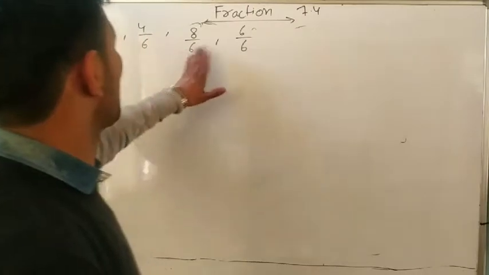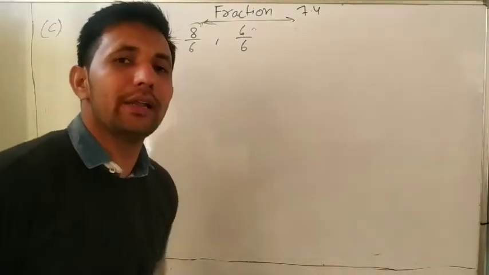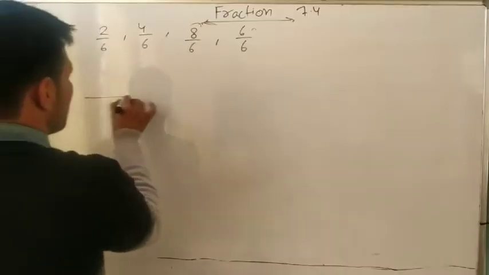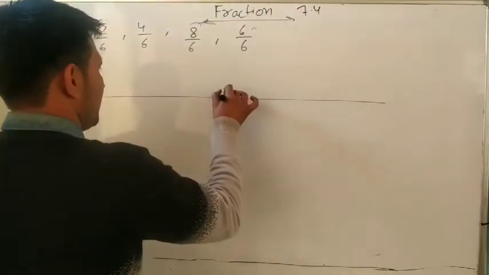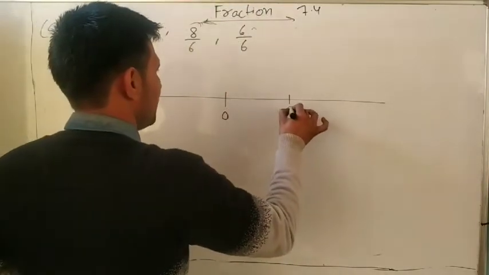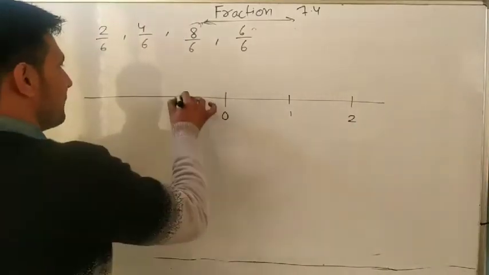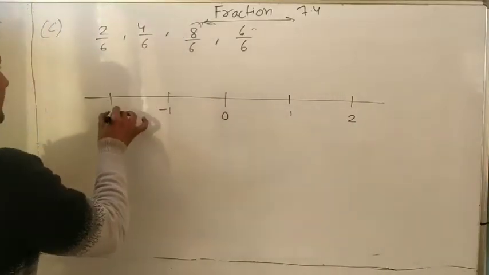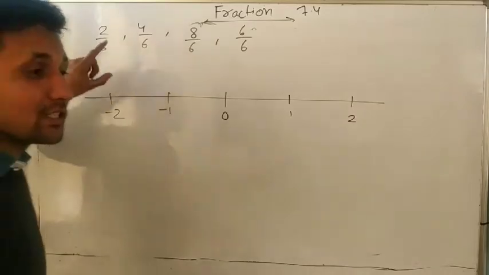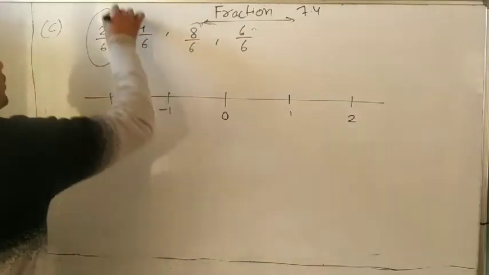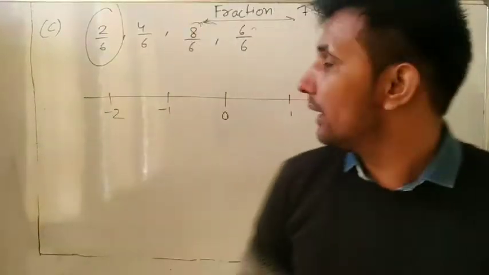So first we will show the number line. We already learned how to show that. Like this one, it is a number line. It is 0, it is 1, it is 2, and the left side is minus. Next, what is given? 2 by 6. 2 by 6 means 2 out of 6 equal parts.